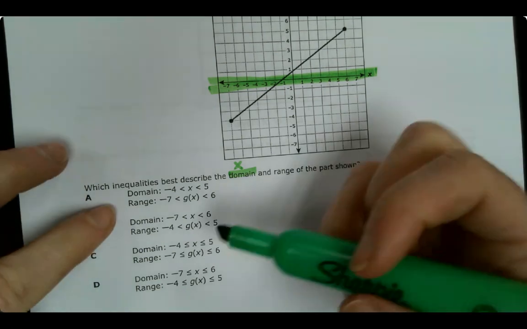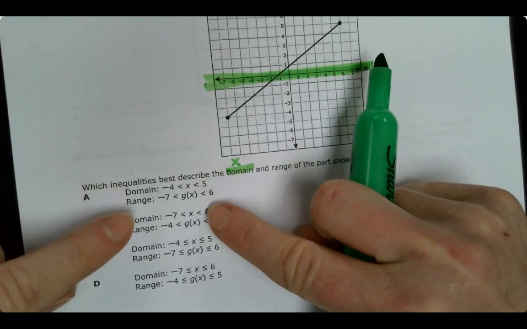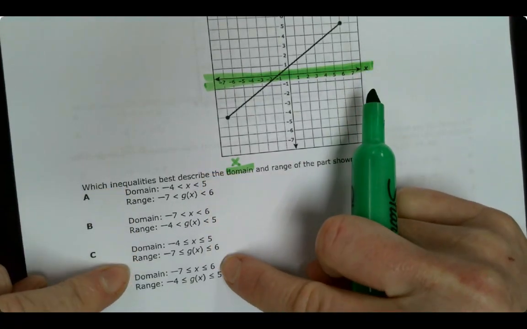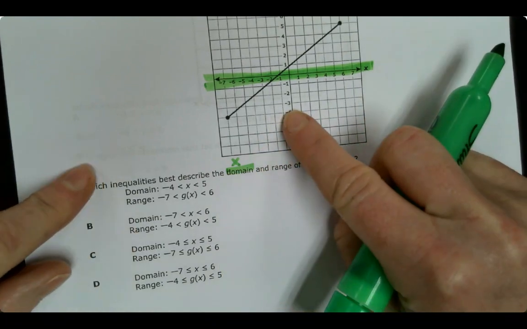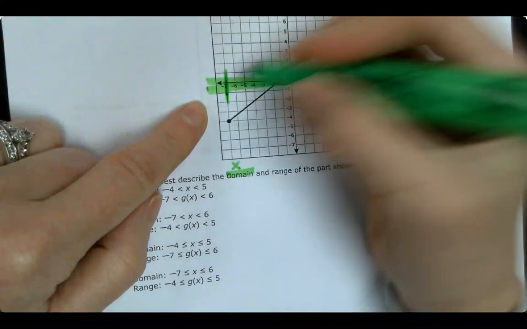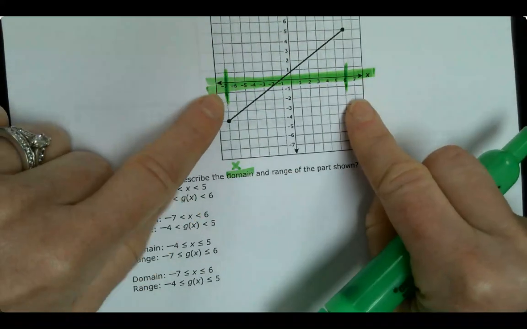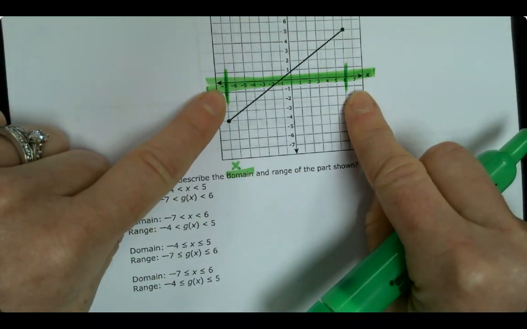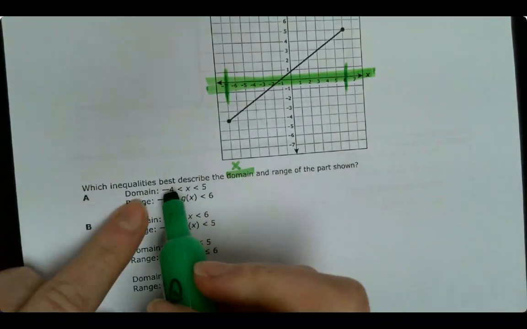So I know domain is X's. So before I even begin, I'm going to go ahead and see if I can narrow down my choices. So domain is X. Can't narrow down my choices that way. But now I can look and see on the x-axis, how far does it go? Left to right. So my boundaries are -7 to 6. So let's look at this one, it says -4 to 5.